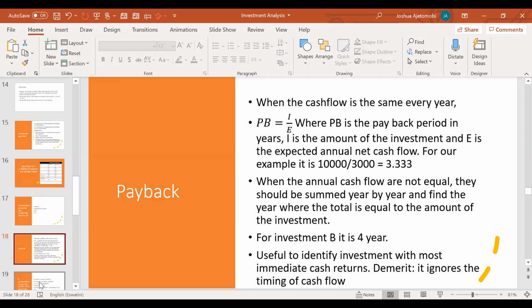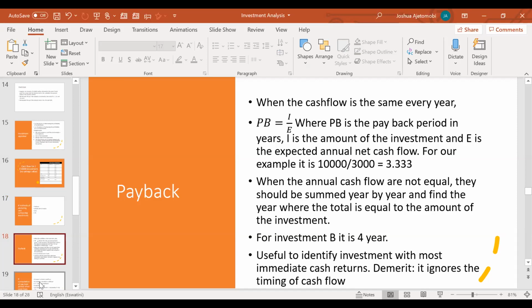That is, you sum together all those cash flows year after year, and you locate the year when the total is equal to the amount of investment. That year will be the payback period. This is very useful to identify investments with the most immediate cash returns.